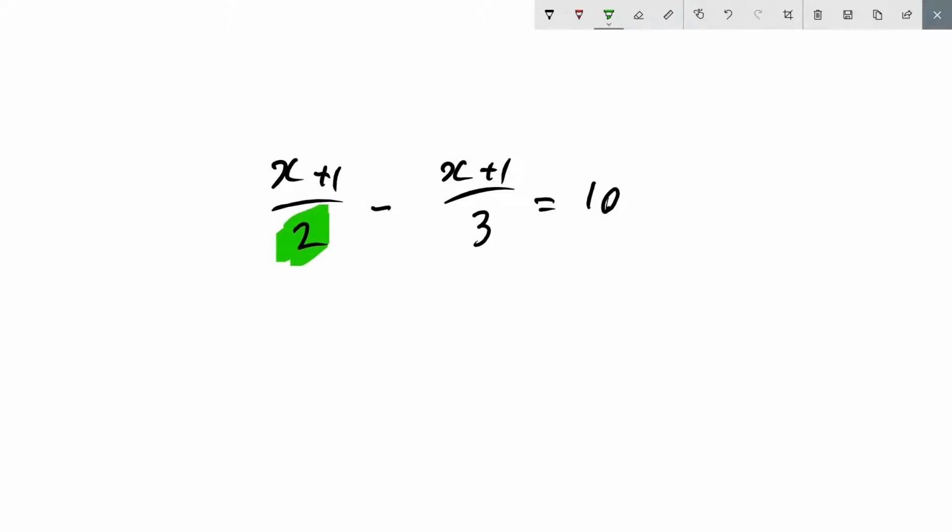Our linear equations can also look something like this. So we have (x plus 1)/2 minus (x plus 1)/3 equals 10. So how can we solve this? So the key thing here is to realize, hold on, we have two different fractions here. So we're going to have to find the lowest common multiple.